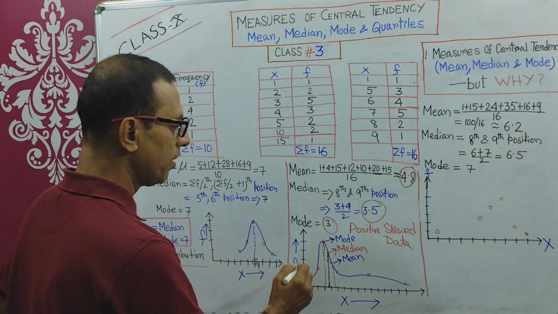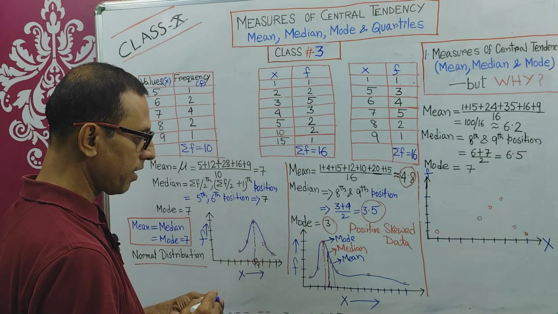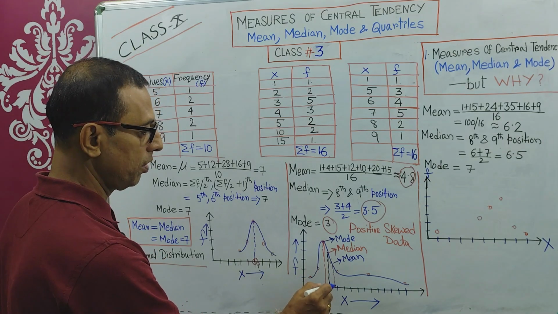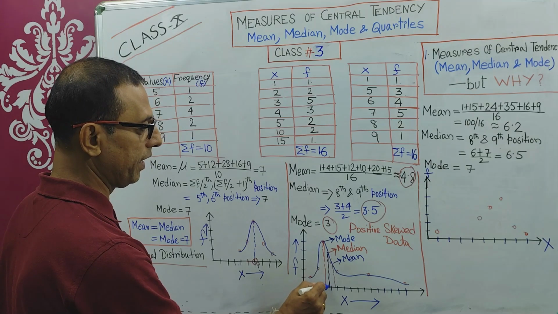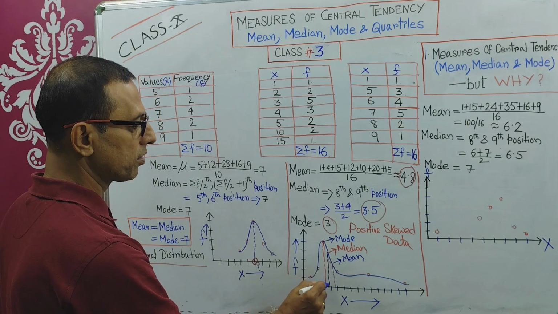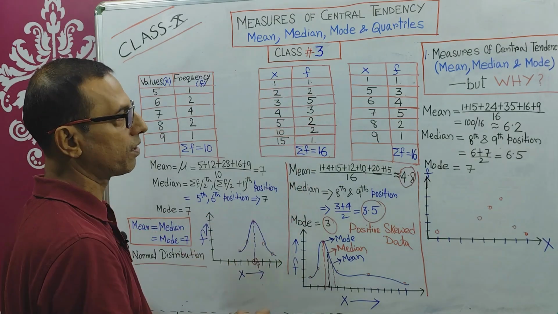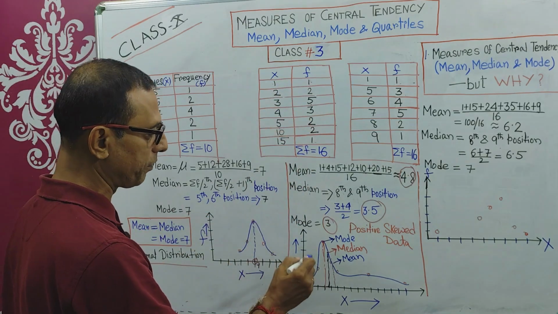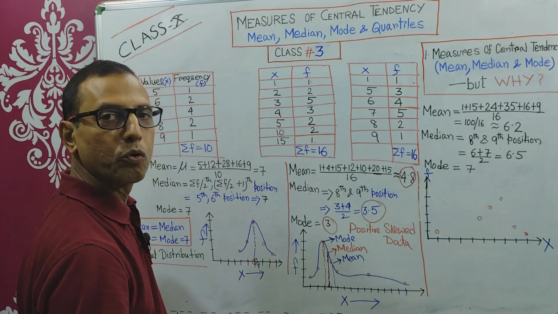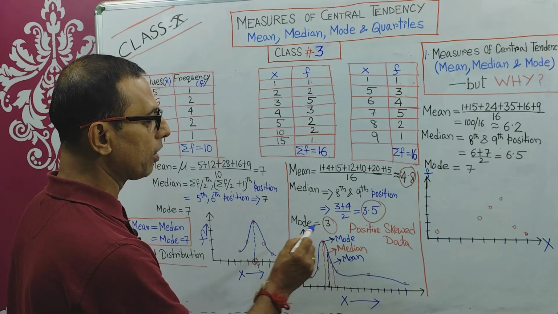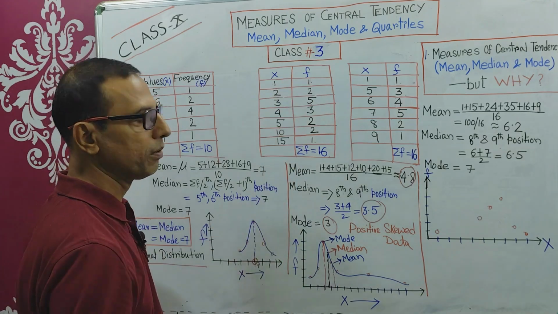So what you can see, for positively skewed data, from the graph also, mean is greater than median greater than mode. Sometimes, based on the nature of data, the observation values or frequency, median and mode could be equal, but never will the mean be equal to median or mode for positively skewed data.